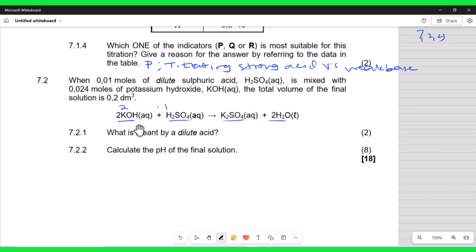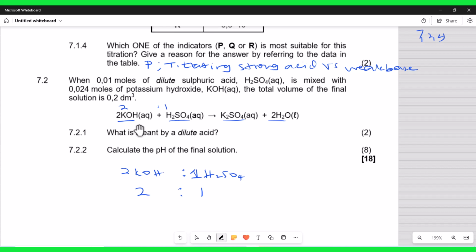Because the mole ratio is 2 potassium hydroxide versus 1 for sulfuric acid, let us find out the excess moles. Our mole ratio says 2:1. Available moles here, we have 0,01 moles for the sulfuric acid.